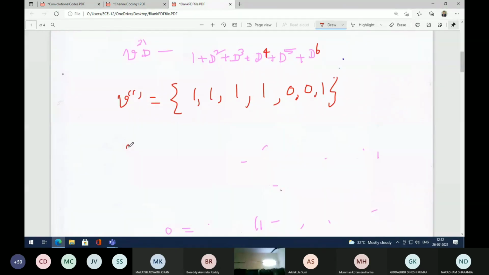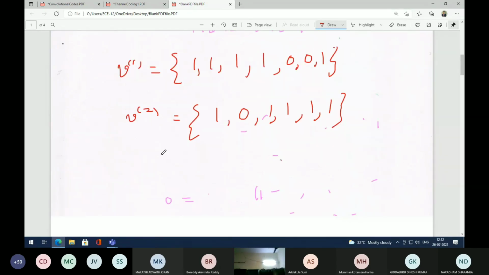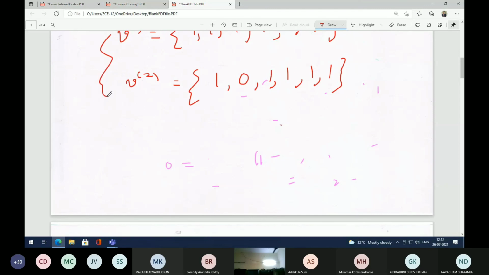Similarly, the second output will be 1 0 1 1 1 1. So these are the corresponding outputs.